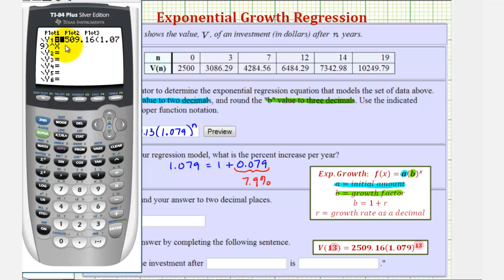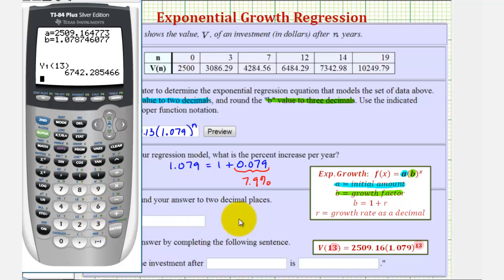But now because we have the function in y1, we can go back to the home screen by pressing second mode for quit. And now we can enter y1 of 13 to find the value of v of 13. To do this, we press the vars key, right arrow to y vars, enter. y1 is already selected, so we press enter again, and then in parentheses 13.